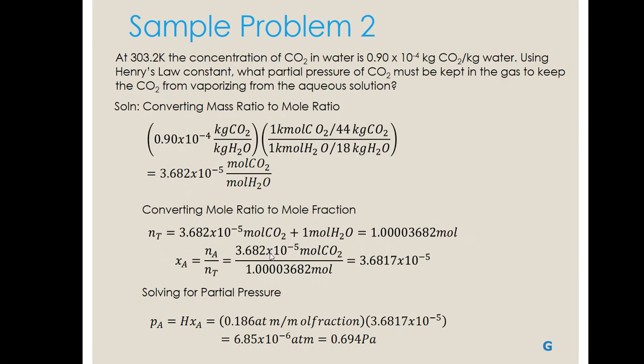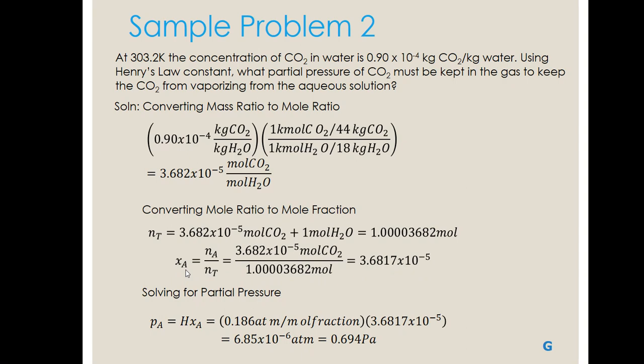Why get the total number of moles? You want to determine the mole fraction of CO2 now in your liquid. So, you have the moles of CO2 divided by the total number of moles, and this would be your answer. Why do you need to get this?